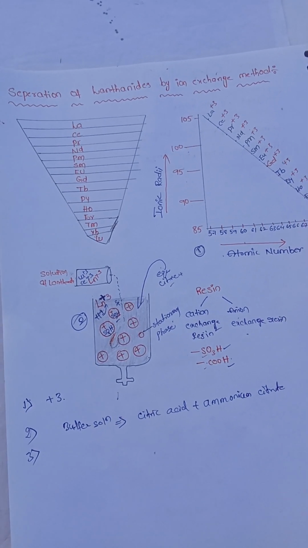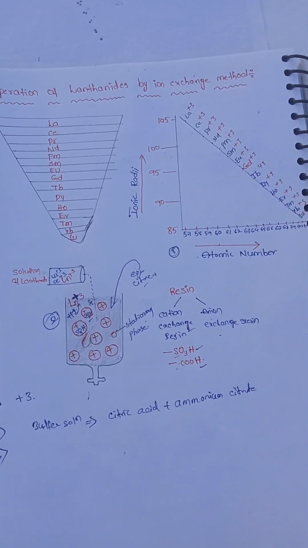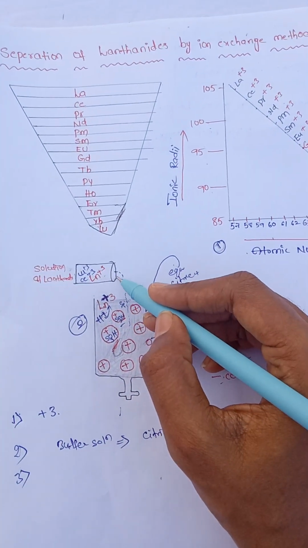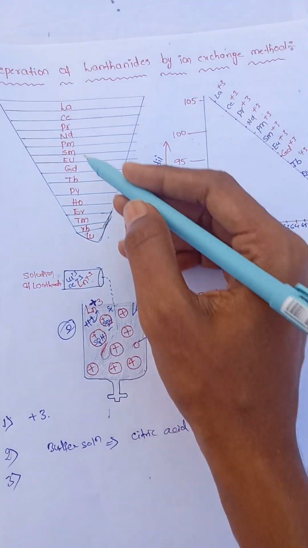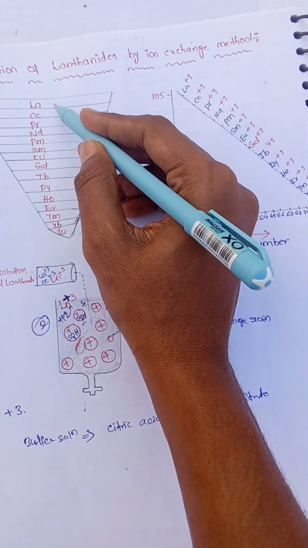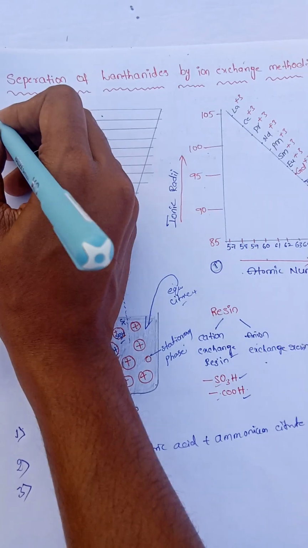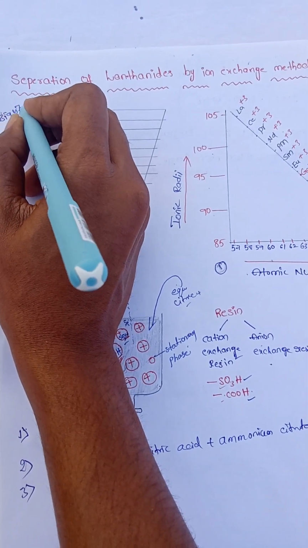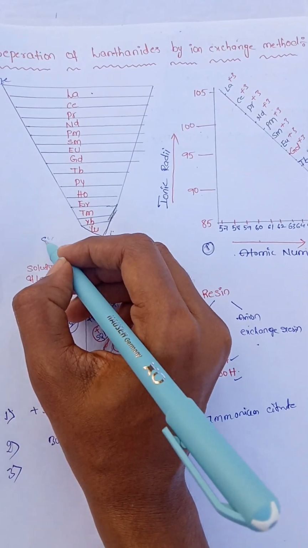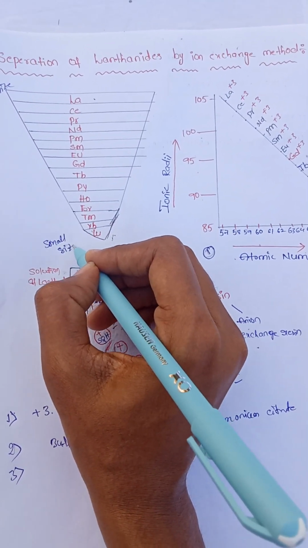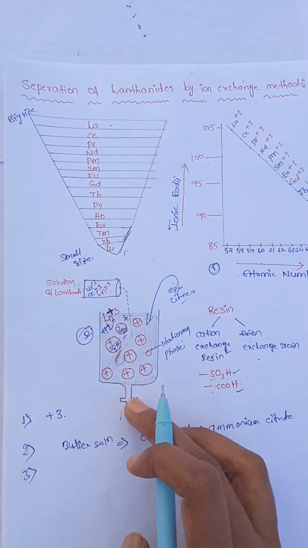Now how do the lanthanide elements separate: lanthanum, cerium, praseodymium, neodymium, promethium and so on. From lanthanum to lutetium, lanthanum is big in size and lutetium is small in size.